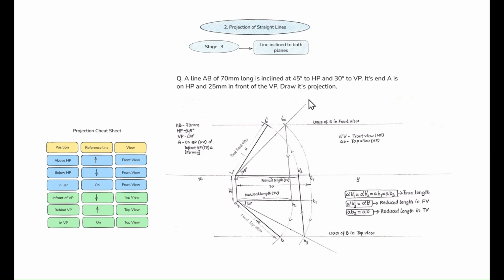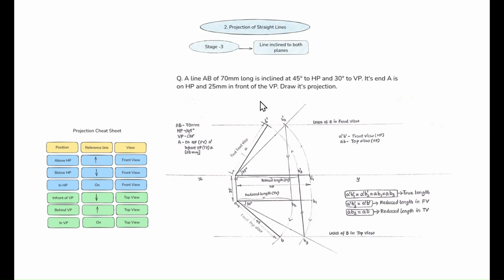So to understand this particular question, you need to understand the previous stages, like stage 2 and stage 1 of part 2, projection of straight lines, and also you need to understand projection of points in order to understand this question completely properly. So that is why it creates an importance, and great comment.